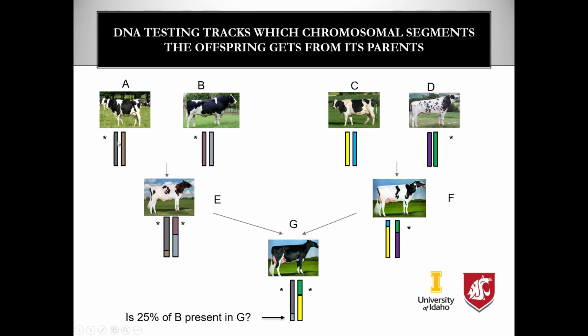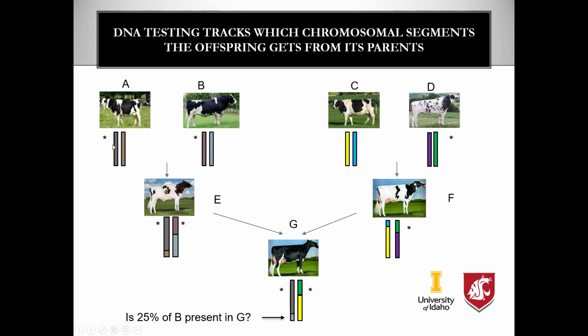That means they have to exchange some of the information with their neighbor chromosome, or the meiotic process that accounts for this doesn't work very well.